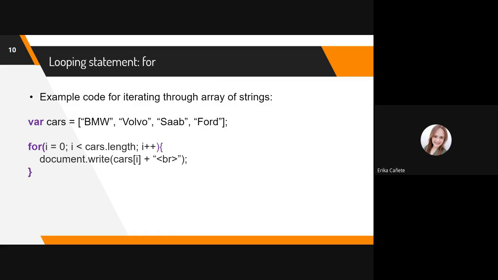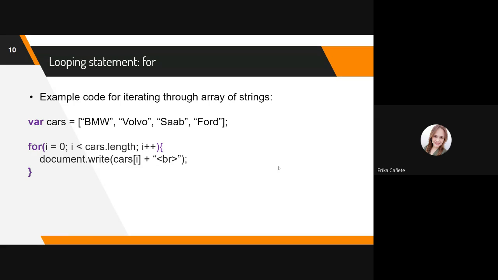So in this example, we have the for loop, and the initialization variable i is equal to 0. For our condition expression, we have variable i less than cars.length. And for our modification, the increment.